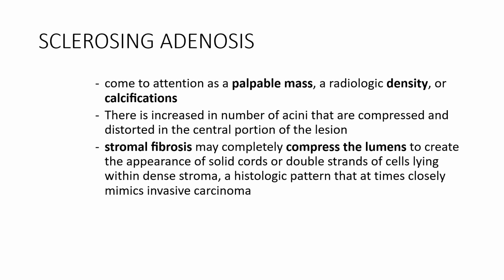They are compressed and distorted because of the stromal fibrosis, and so they appear as solid cords or double strands of cells lying within dense stroma. And this appearance under the microscope at times closely mimics invasive carcinoma.